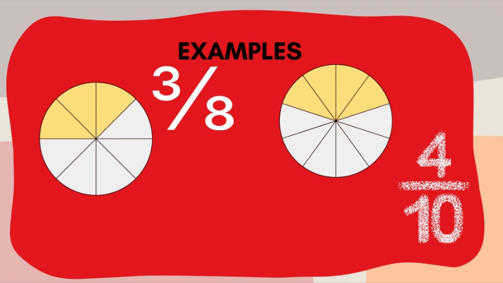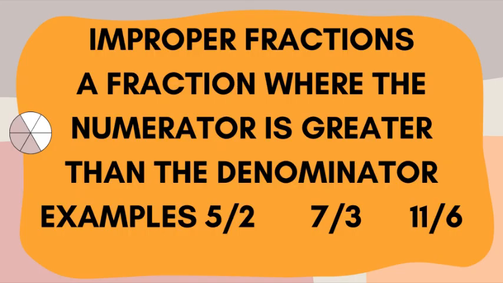Let's take a closer look at improper fractions. We did mention improper fractions earlier in our class, but let's take a look at this. It is a fraction where the numerator is greater than the denominator. This fraction is more than a whole.